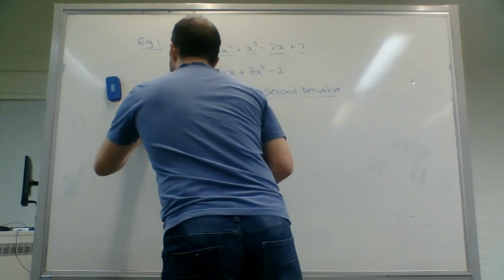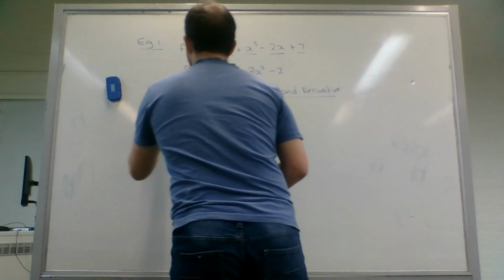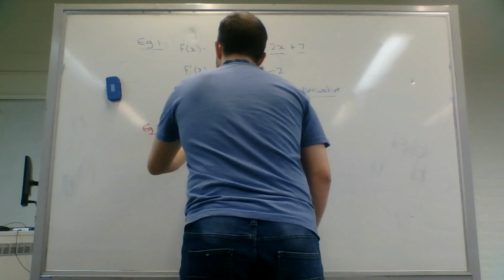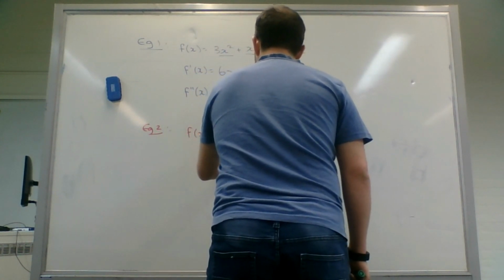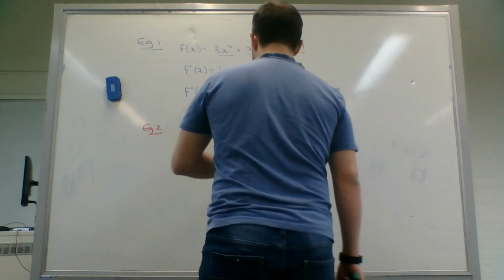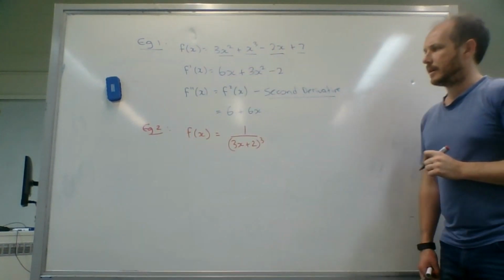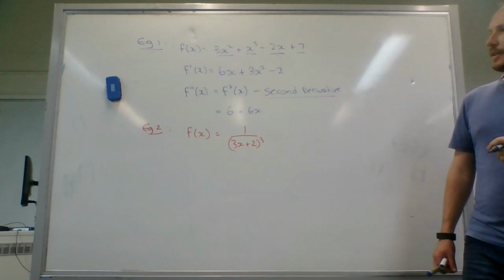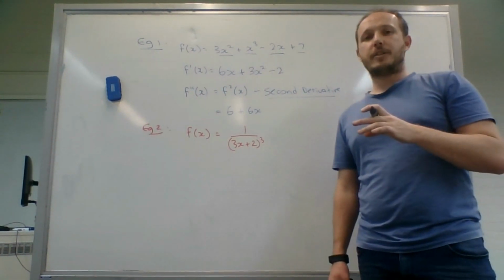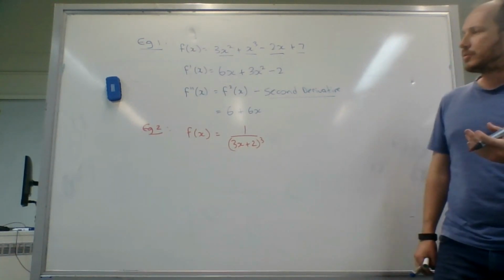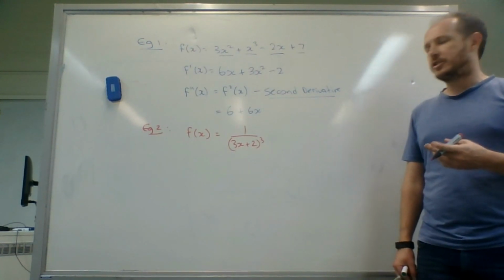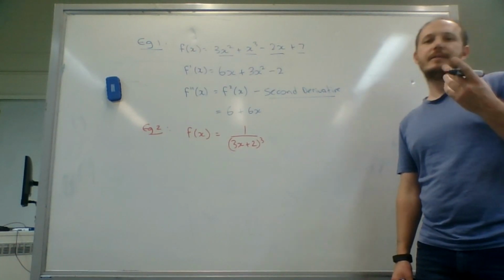All right, second example, and I'll gradually make these a little bit more complicated. So let's say we've got f of x equals 1 over 3x plus 2 cubed. Now, the first thing you might notice is, this doesn't look like of the form something to the power. Whenever I'm doing derivatives, I always try to write my functions as a power of n.